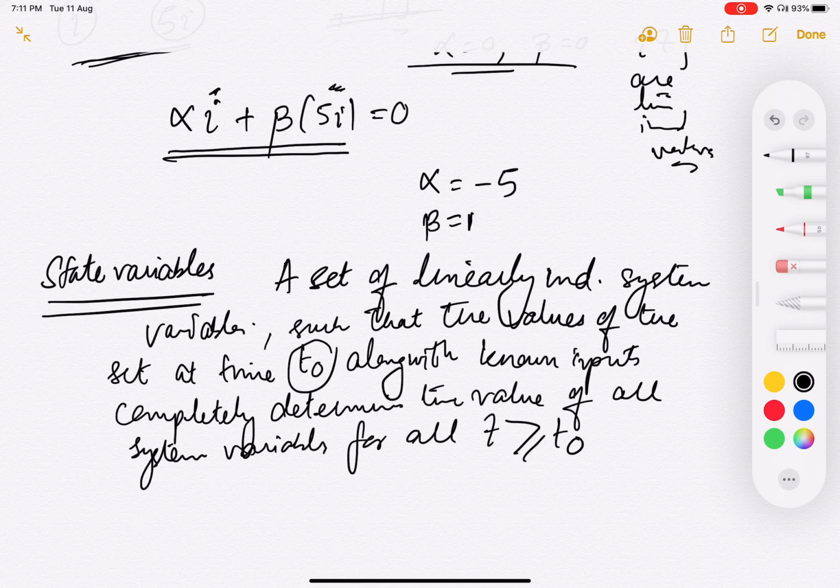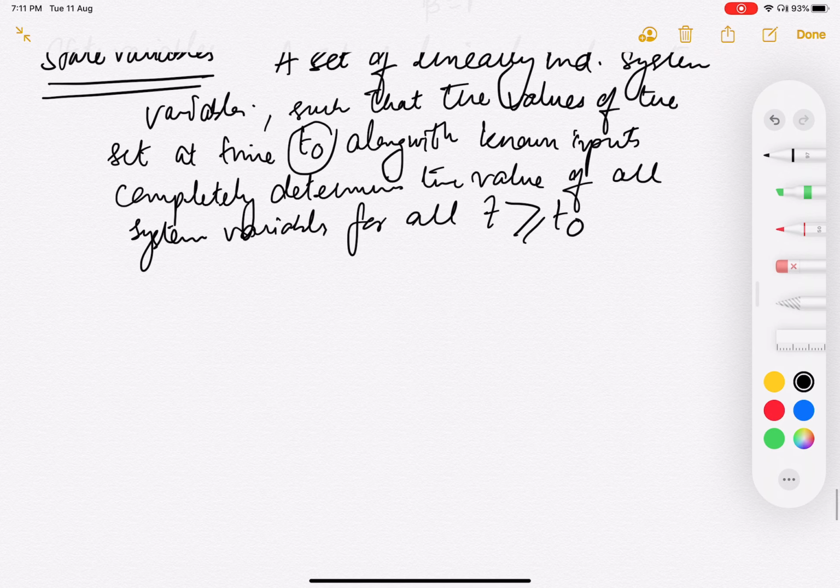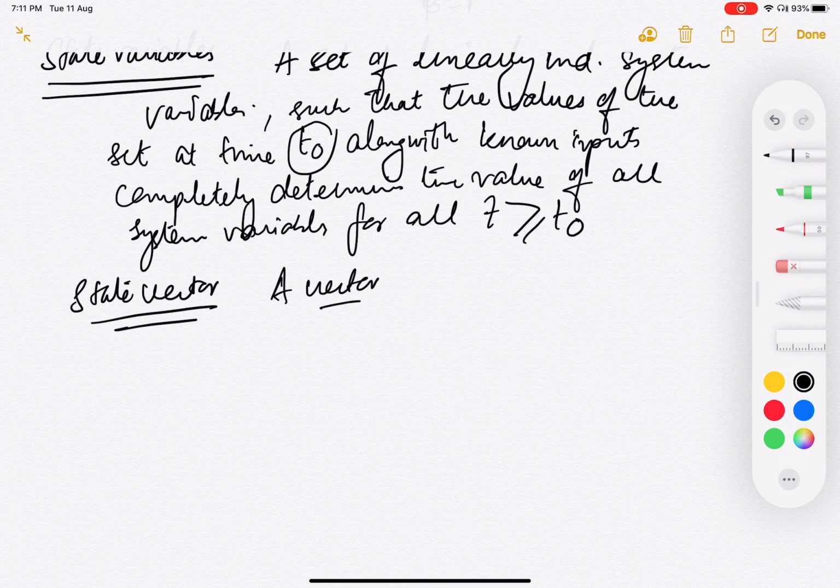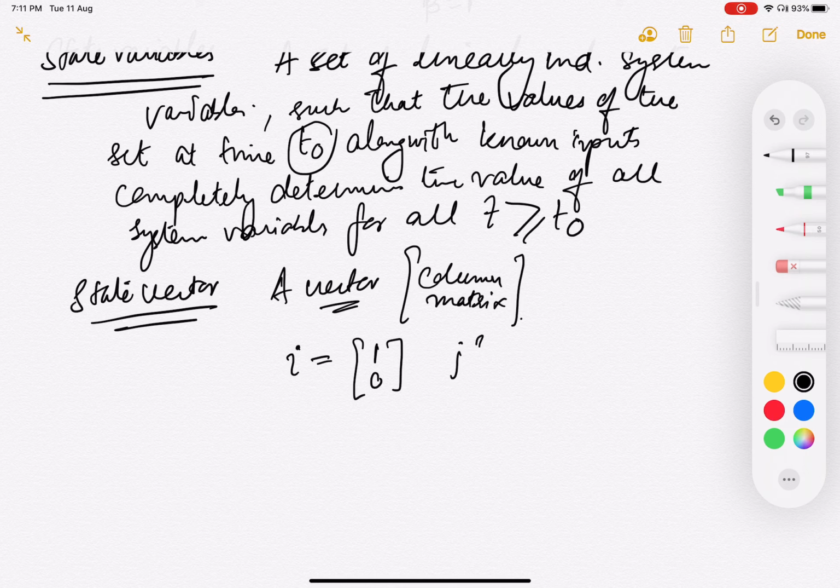This is a slightly technical definition. Now, what is a state vector? The state vector is the vector x that we were talking about. A vector in this case means a column matrix, right? And you can understand this because you can represent i in the coordinate system as 1 0, and j as 0 1.